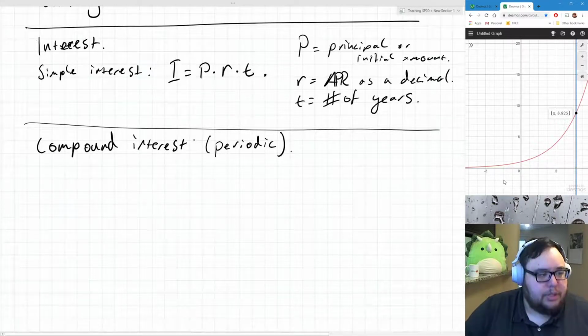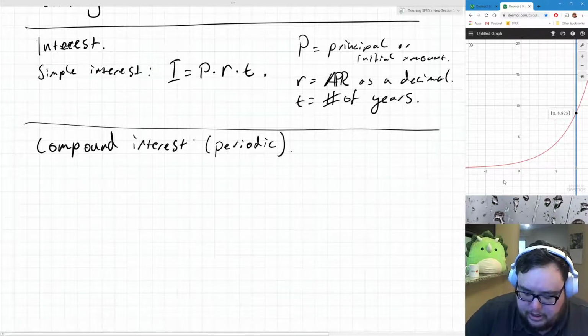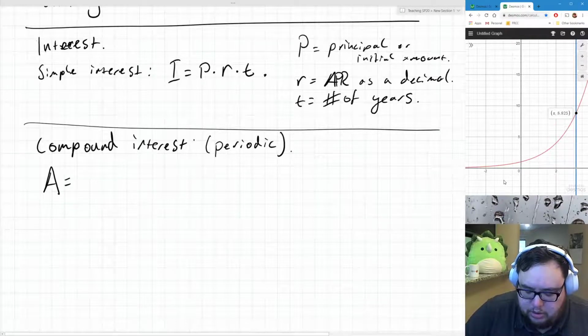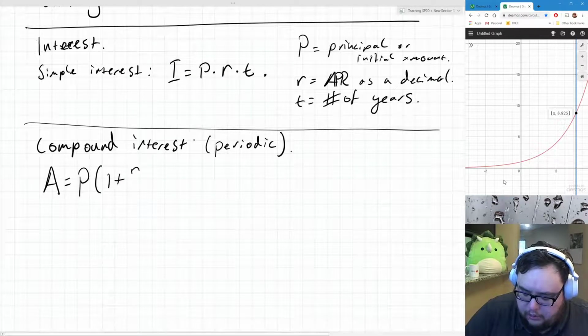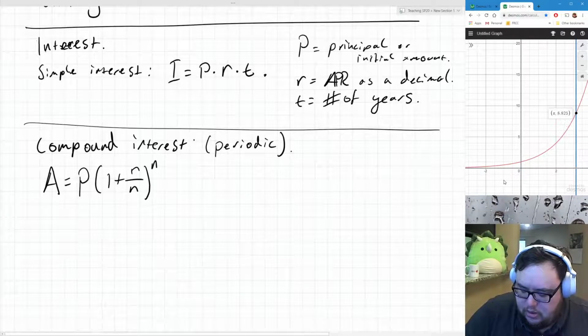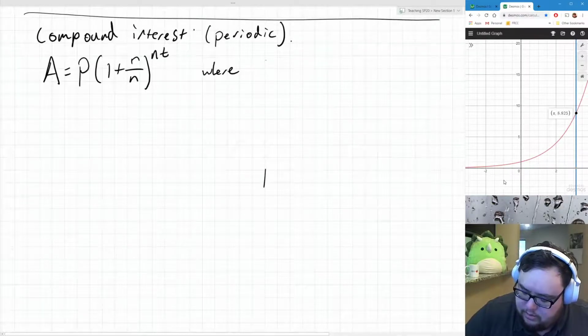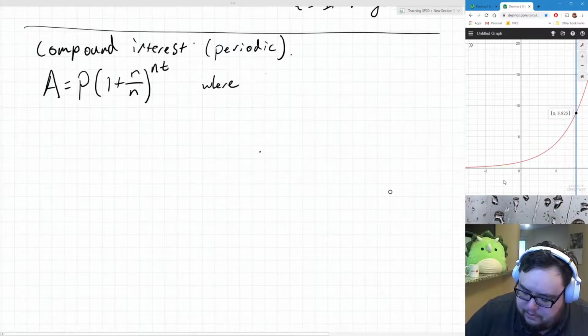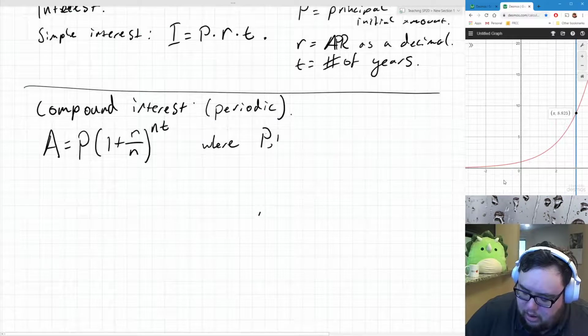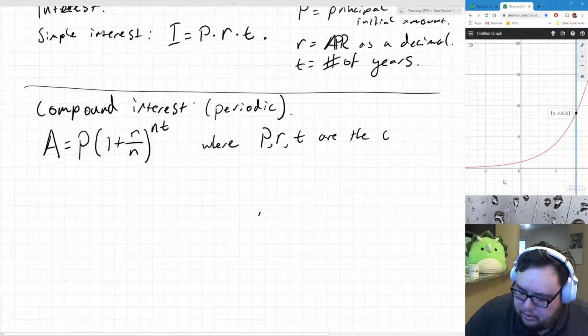And compound interest can be written as A is equal to P times 1 plus r over n to the power of nt, where, again, P, r, and t are the same as before.